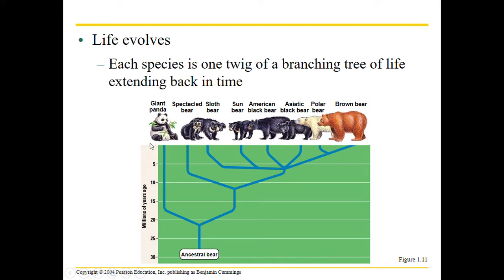But anyways, all of these different bears diverged from a single ancestor, so we'll call it this ancestral bear. About 20 million years ago, it branched off into two different types of bears. This is one, this is the other. This one kind of looks like it stayed the same throughout all the years and was this giant panda, whereas this one decided, hey, let's diverge a little bit more.